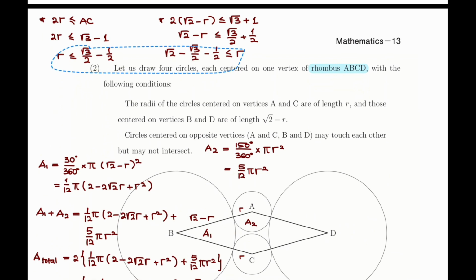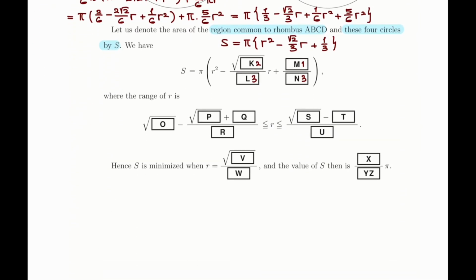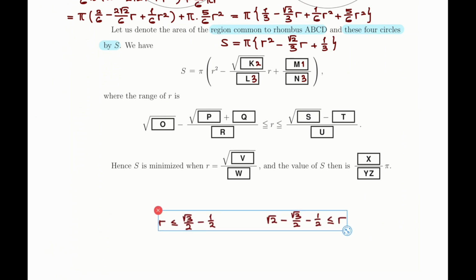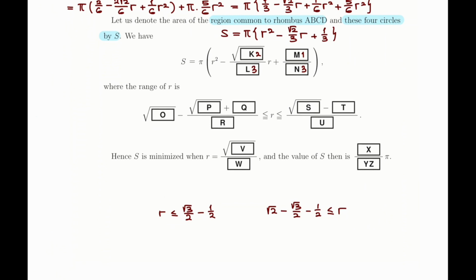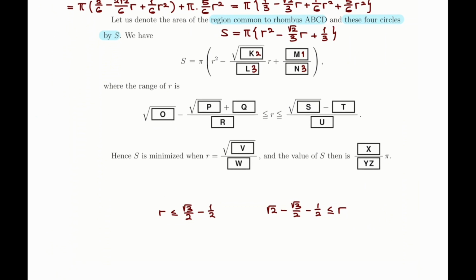I will copy it first. Then I think we can find the answers for letters O until U. You can see here R must be less than or equal to this. So S is 3, T is 1, U is 2.